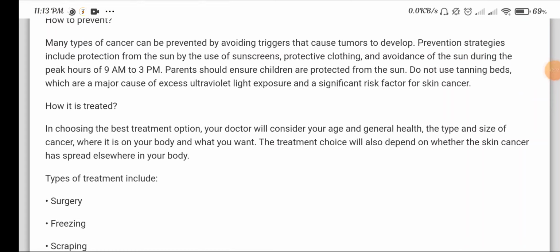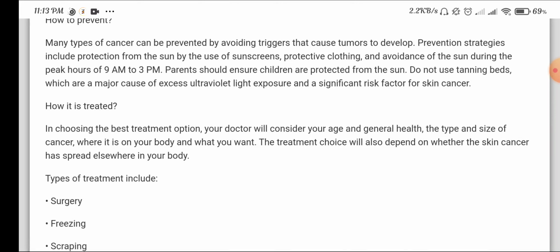How is it treated? In choosing the best treatment option, the doctor will consider your age and general health, the type and size of cancer, where it is on your body, and what you want.